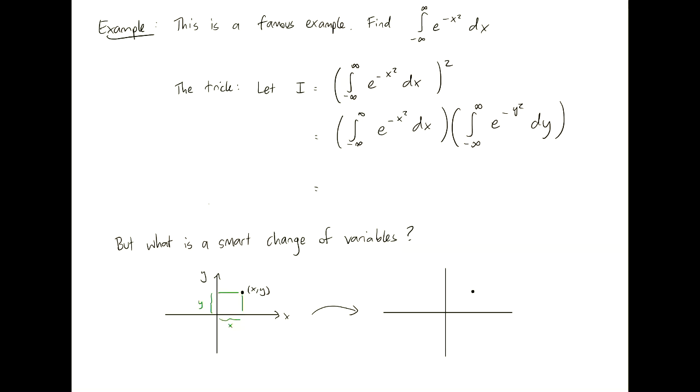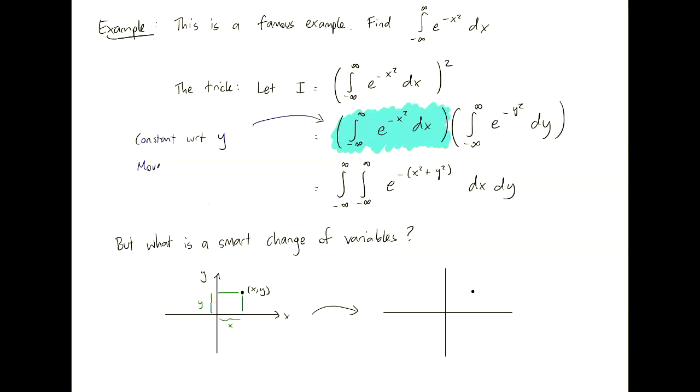I can move one integral inside the other, and I can get this to be the integral from minus infinity to infinity of e to the minus x squared plus y squared dx dy. So what have I done here? I've said this whole thing with respect to y is a constant, and therefore we can move that whole thing inside the other integral. Constant with respect to y. Move inside the second integral.